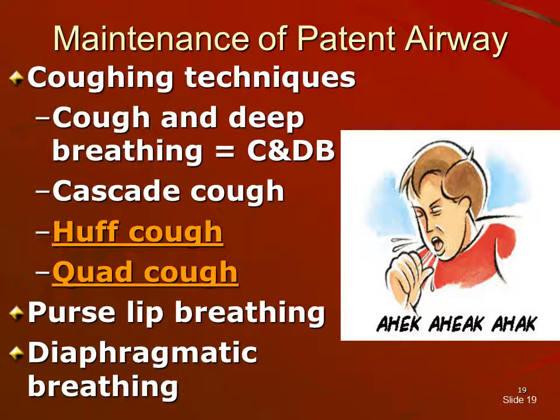A quad cough is a technique for patients who do not have abdominal muscle control, for instance, a quadriplegic or those with a spinal cord injury. The quad cough allows an inward and upward push on the abdominal muscles toward the diaphragm, causing the patient to cough.